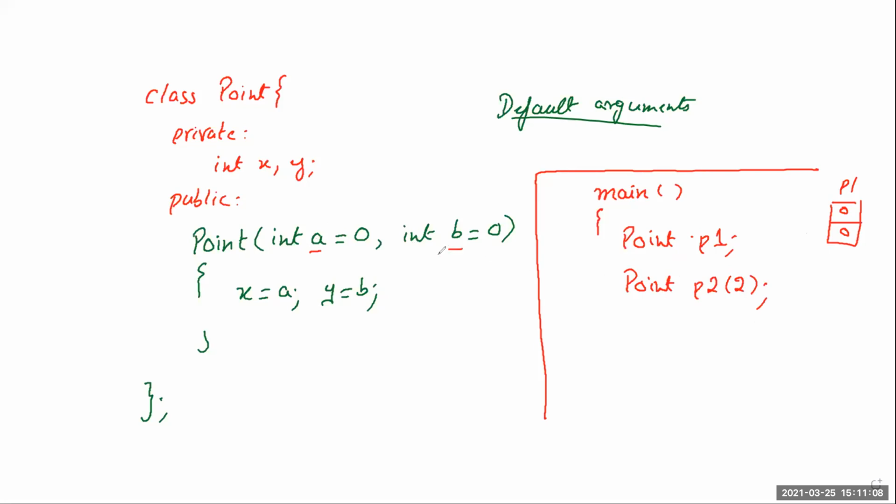Since I did not provide the second value, it is the default value, which is 0. So in P2, X gets the value which you have passed and Y gets the default value. And there's a third possibility that I can also write point P3 where I pass both the values. When I pass both the values, A gets the value 2 and B gets the value 3. So none of the default values is used, and I will have a situation like this.